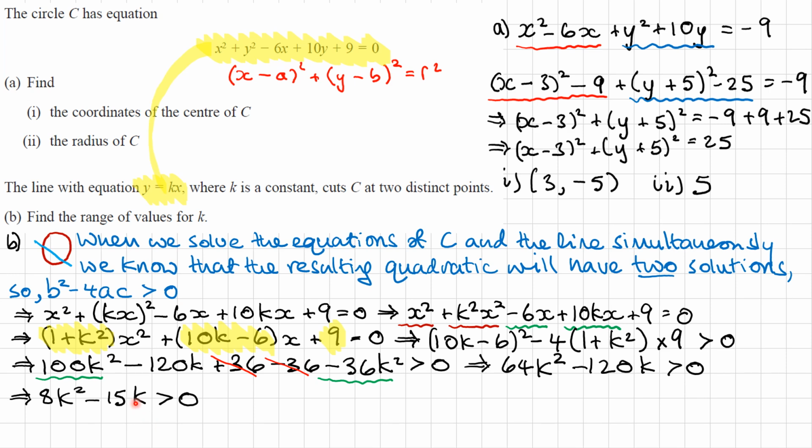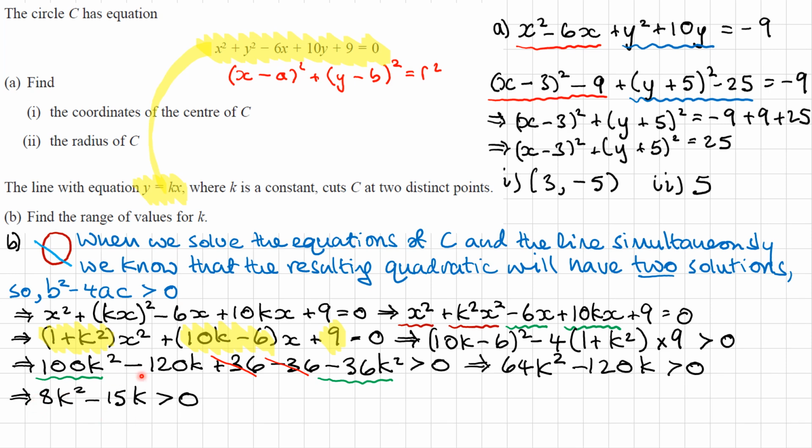What I did here to get these two values of 8 and negative 15, I just typed in the fraction 64 over 120, pressed equals, and got the calculator to simplify it for me. You can do that just in case you're not 100% sure what it's going to simplify to, or you don't want to make any mistakes. Whatever numbers they are in any type of question, just type the numbers in as a fraction, press equals, and it will divide them down for you.